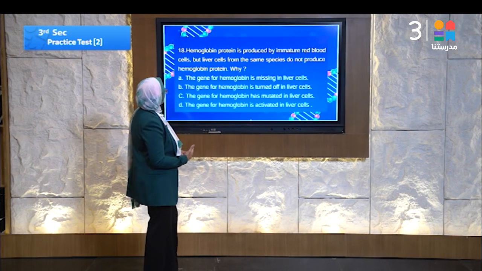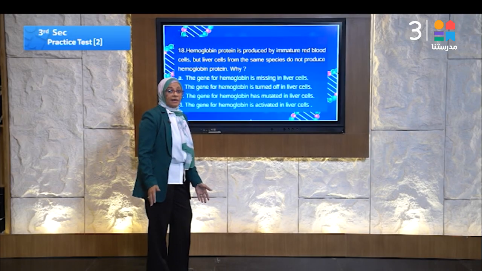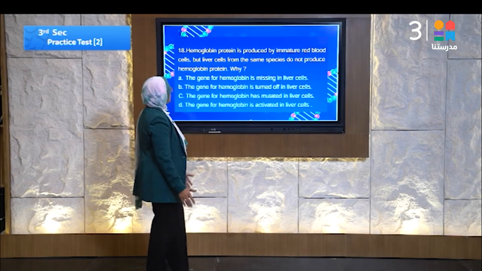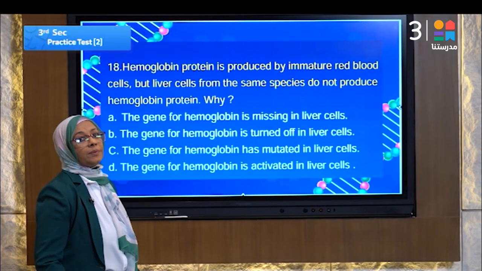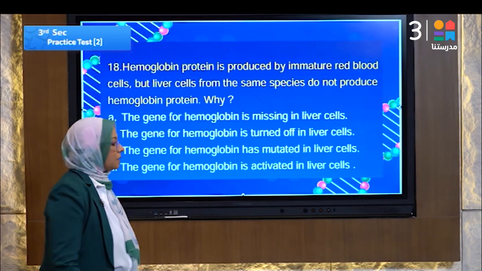18. Hemoglobin protein is produced by mature red blood cells, but liver cells from the same species do not produce hemoglobin protein. Why? Now we find the reason why the hemoglobin protein is not formed in the same species.